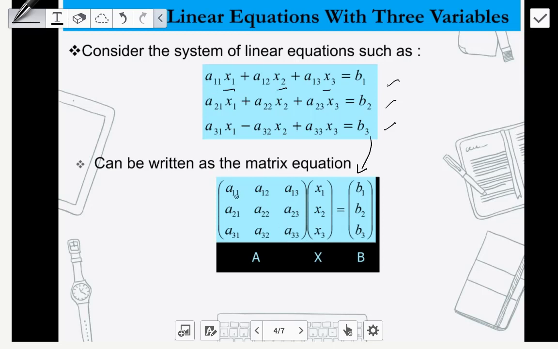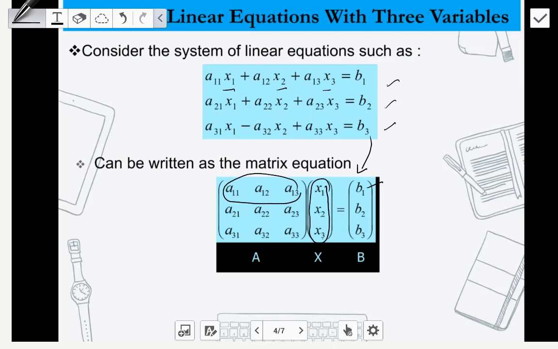A11, A12, A13 is written as your row 1 and multiplied with x1, x2, x3. So you will be getting A11 x1 plus A12 x2 plus A13 x3 equals B1.